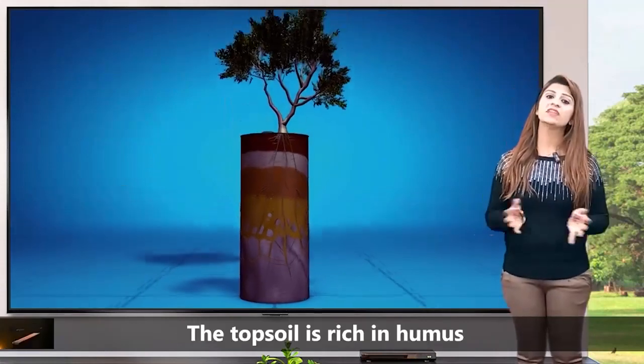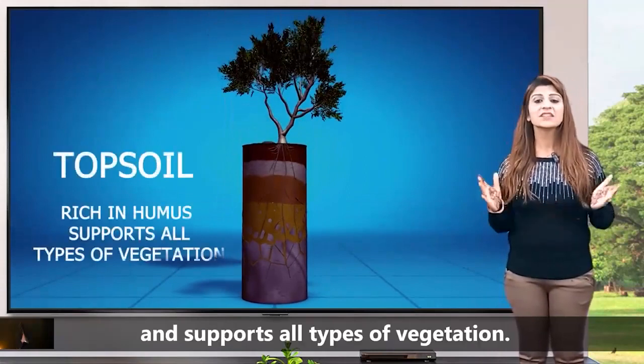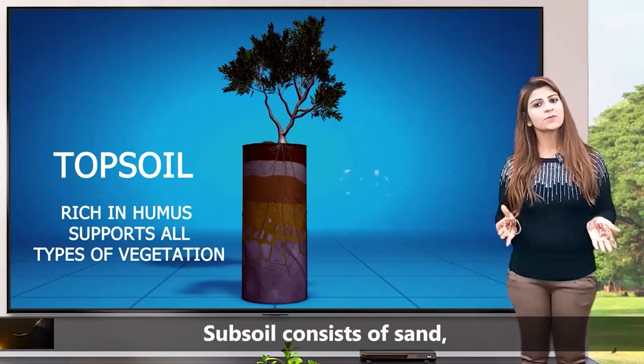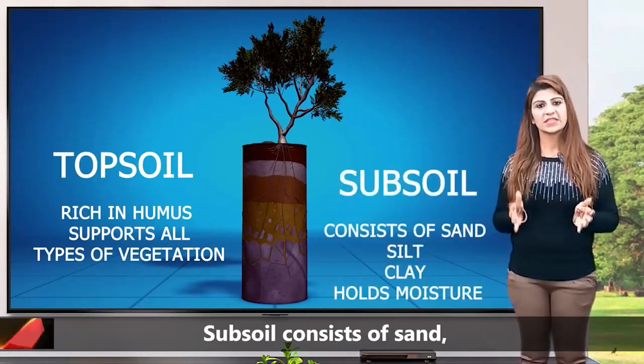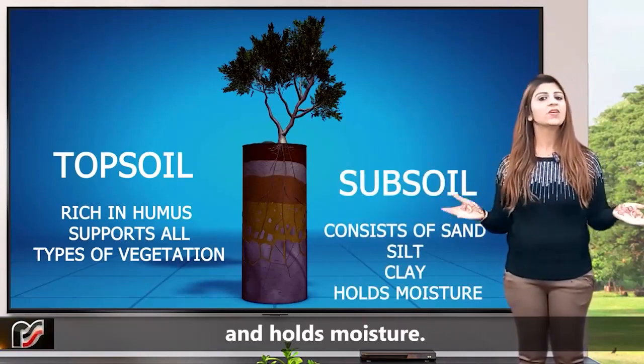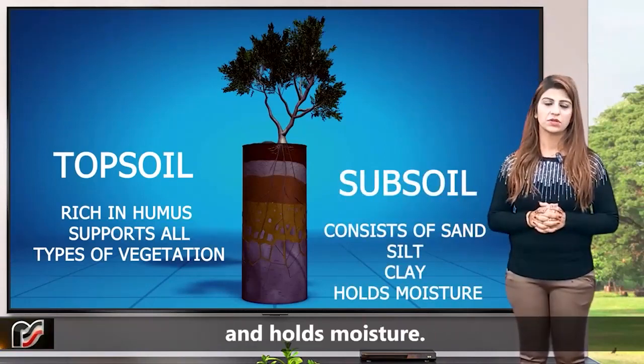The topsoil is rich in humus and supports all types of vegetation. Subsoil consists of sand, silt, clay, and holds moisture.